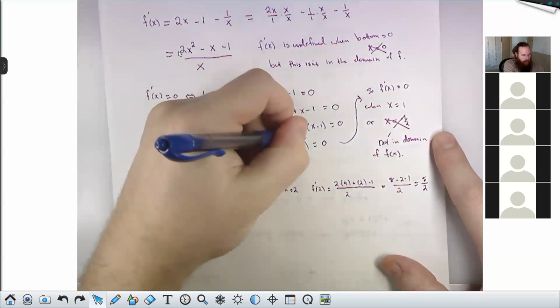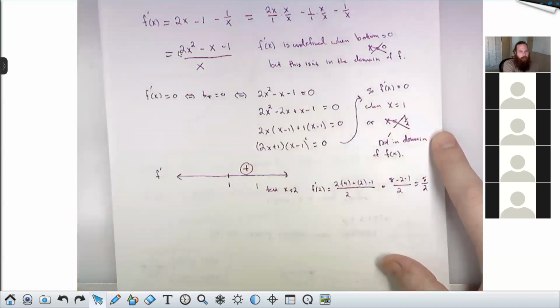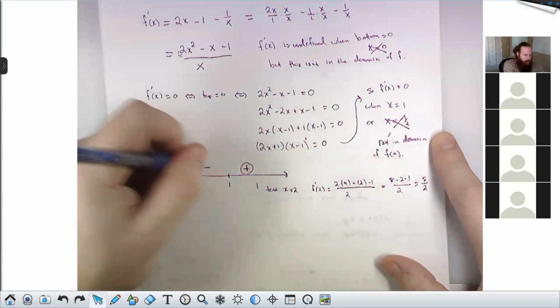And because the factor that gave me that 1 is a multiplicity 1 factor, I know I will change sign as I jump over it.